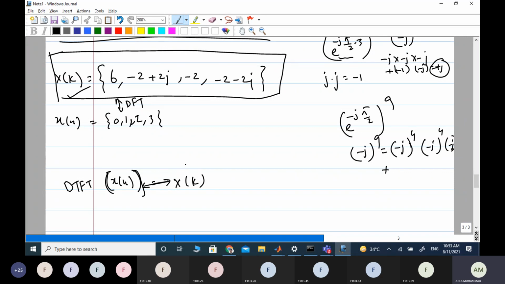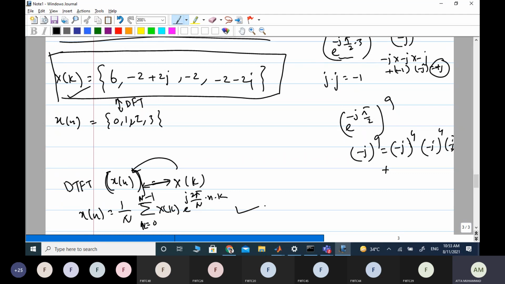So if we have the spectrum of a signal, then we can compute the discrete time signal using the formula 1 over N, summation k from 0 to N minus 1, x of k e to the power j 2 pi by N times n times k, right? So this is what we claimed earlier.